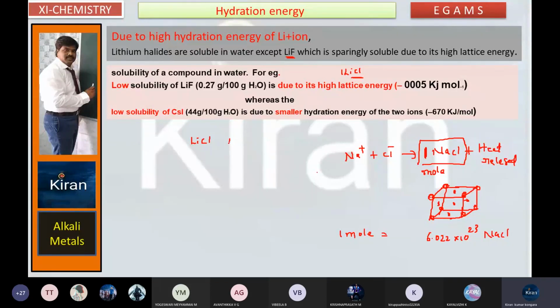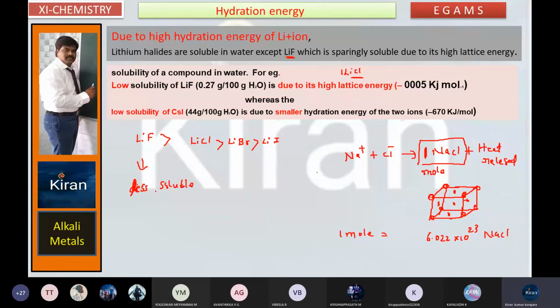After that, lithium bromide, lithium iodide. First one is lithium fluoride. This lithium fluoride has higher lattice energy than the remaining compounds. Because of this reason, it will not dissolve in water; it is sparingly soluble, less soluble in water.